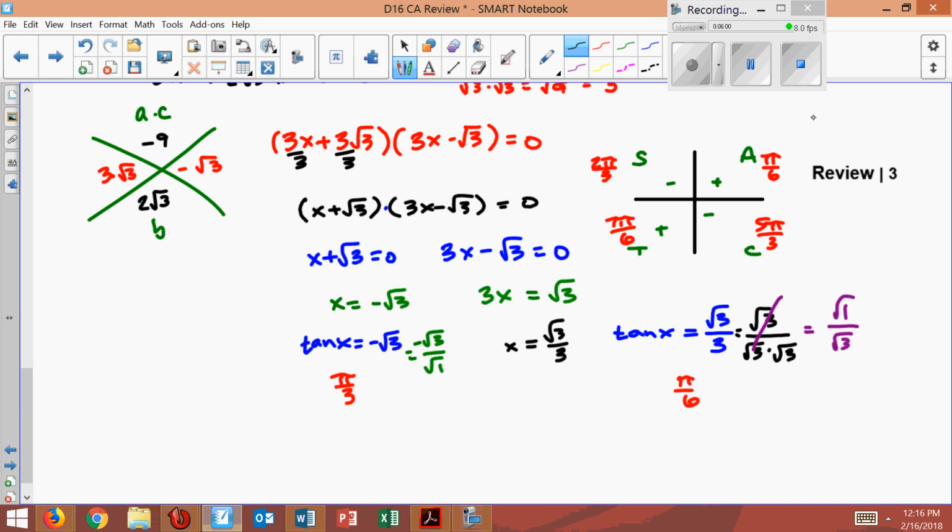You'd say this is pi over 6, and you'd put plus k pi. And that would take this value and this value together, because adding k pi would switch you across the origin. And then I need to add this value, which is 2 pi over 3, and add k pi. And this is where k is an integer. And that would be my answer here.